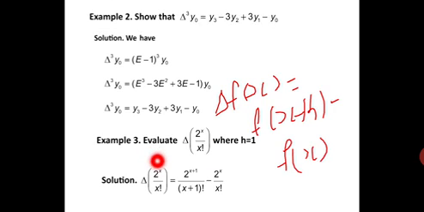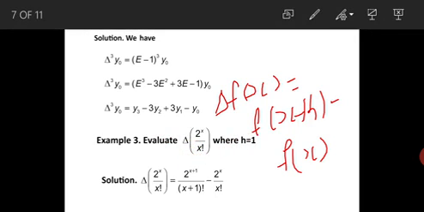So this is f of x, that is 2 to the power of x divided by x factorial, minus f of x. Wherever x is there, it should be replaced by x plus 1. Why? Here h means 1. We have done 2 to the power of x; here x means x plus 1.